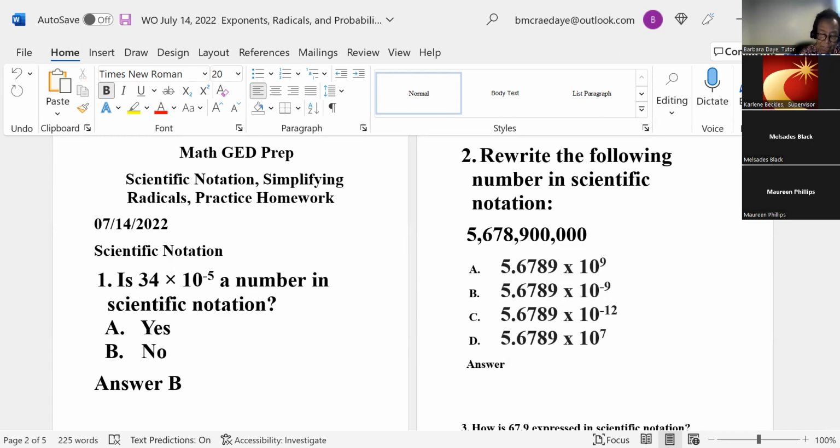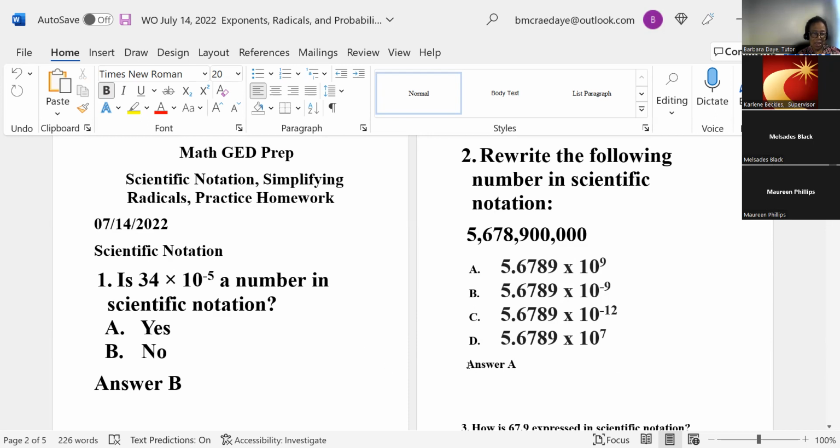So the answer is what? A. That's it. Because you could just say 3, 6, 9, right? Now you're between the 5 and the 6, and it's moved to the left, so you know it's positive, not negative, right?